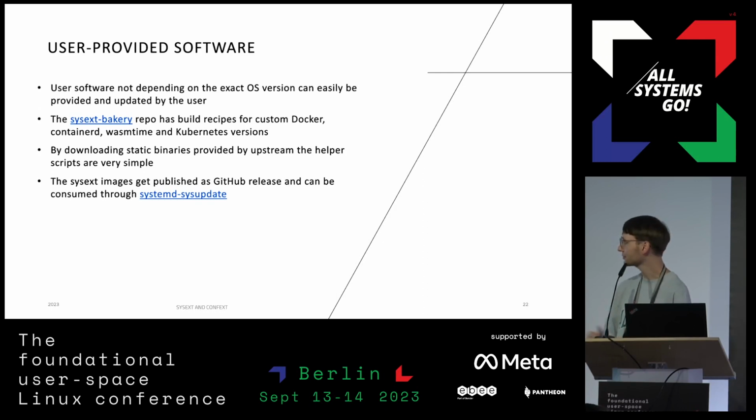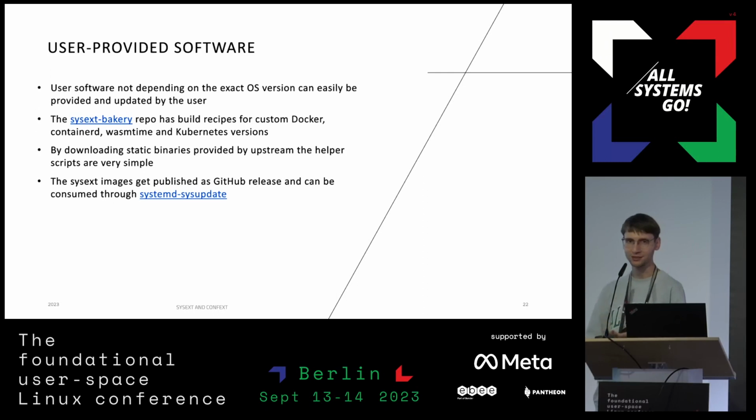So we have one repository, sysext-bakery, that has some build recipes with simple scripts to get started with your own sysext images. And we actually have already covered common use cases like a custom Docker version or wasmtime or whatever.